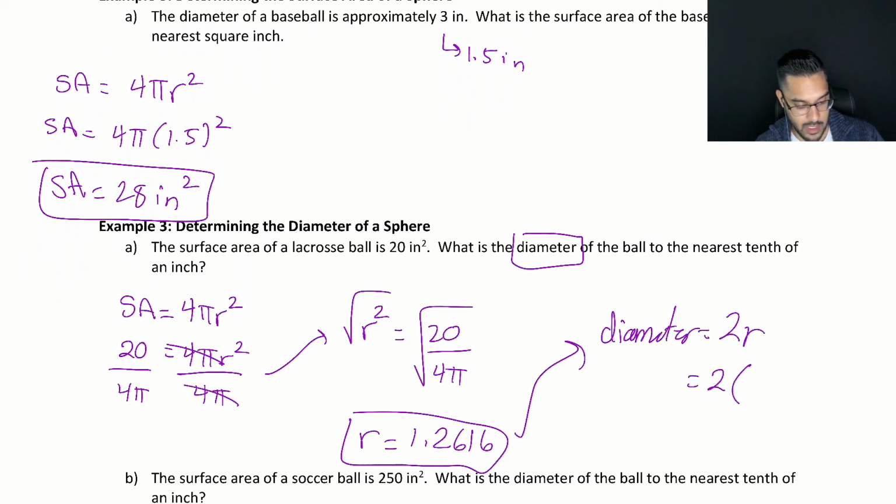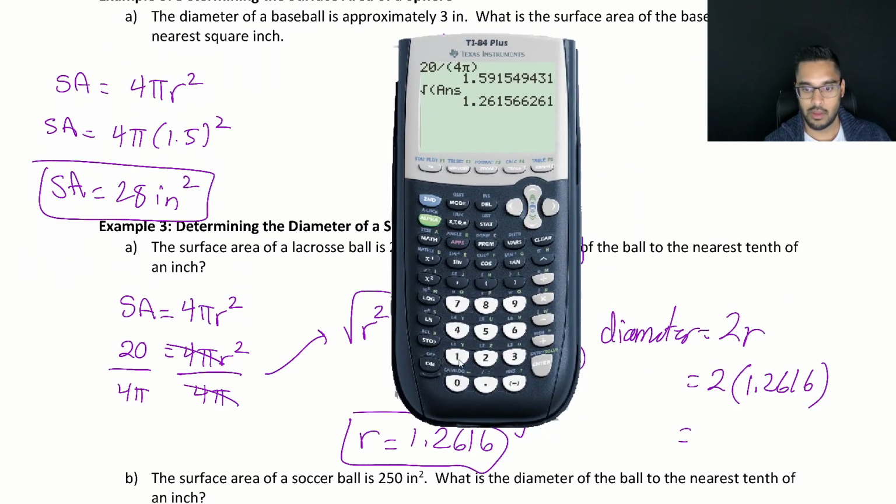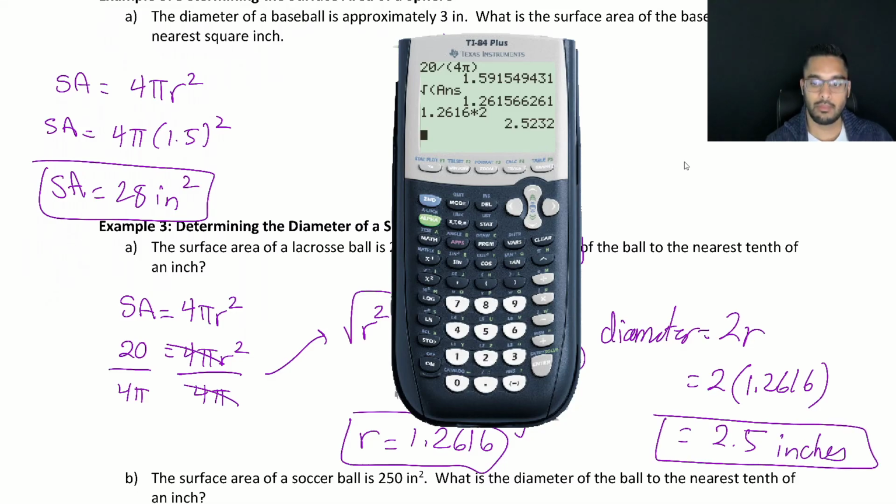So 2 times that number we found should give me 2.5, I believe. So I rounded it: 1.2616 times 2, 2.5 to the nearest 10th. And that is inches. There we go. So it does work out.